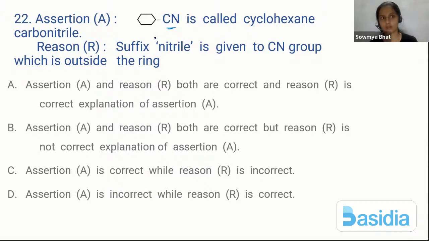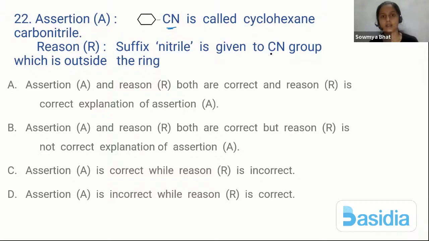CN is outside the ring, so we are not mentioning it as nitrile. So that's why carbonitrile. This is called cyclohexanecarbonitrile. So our assertion is right. So we are left with option A, B, C. Option D is ruled out because here our assertion is incorrect. Let's see whether R is correct.